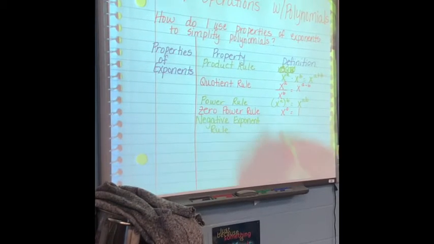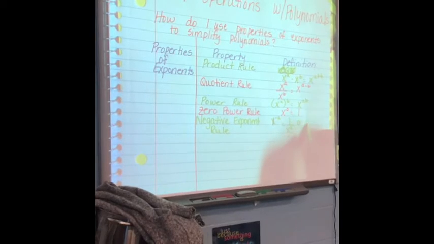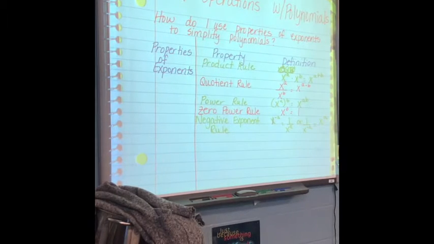The negative exponent rule says that if I have a negative exponent that's in the numerator, I'm going to send it to the denominator to make it positive. Or if it's in the denominator as a negative exponent, I'm going to send it to the numerator to make it positive.